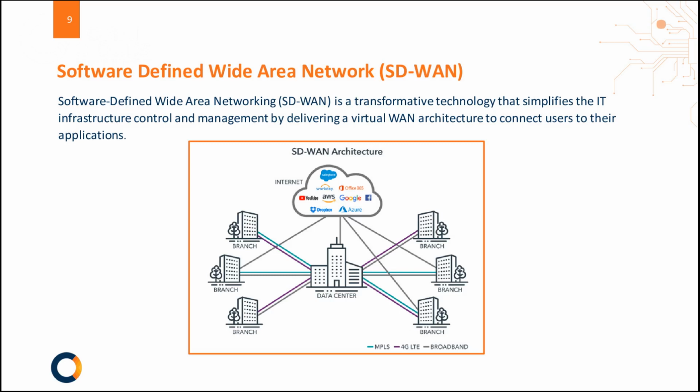So what SD-WAN does is it aggregates diverse network circuits like broadband, DIA, and LTE with MPLS. It can be added to MPLS to create a hybrid network, or it can be an alternative to MPLS using all internet wired and wireless links.